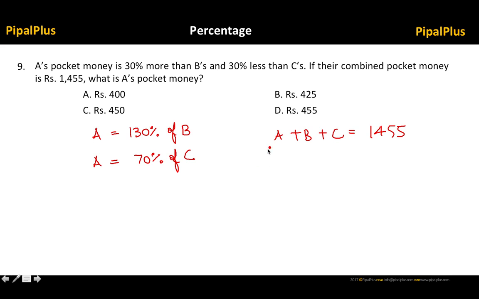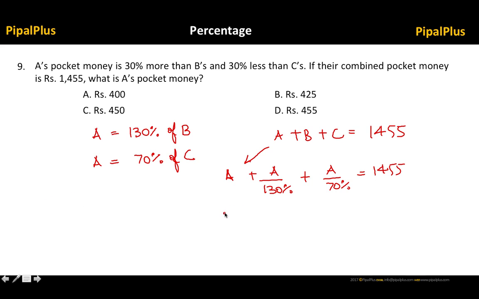So we'll retain this variable A and write this as A. Now B is A upon 130%, right? And C is A upon 70%, right? So this now we must solve. This is 1.3 or 10 by 13. This is 70 by 100 or basically 10A by 7, right?